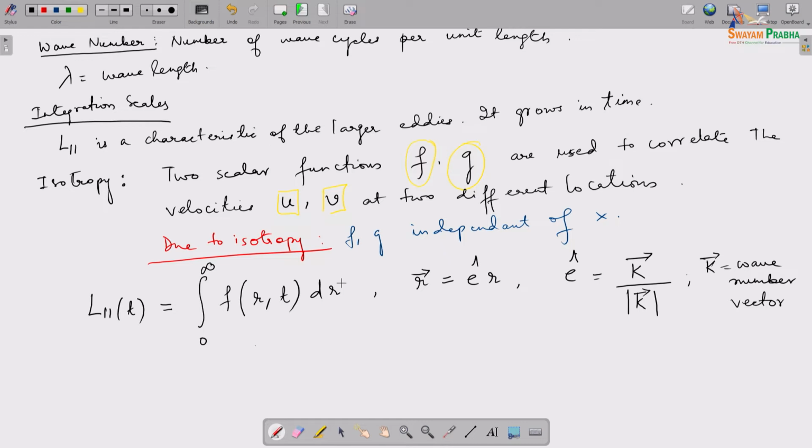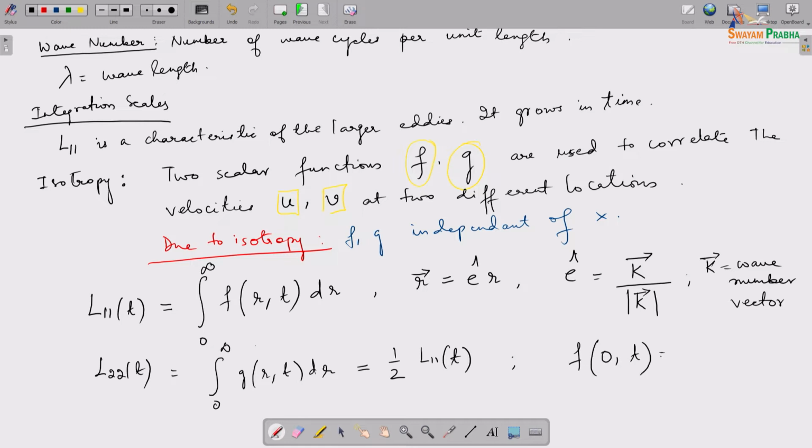So you can see that f and g are essentially non-dimensional. Before I do that, I also have the transverse integration scale, which is nothing but, if you have not guessed already, g, and this is also interestingly that, and also that.